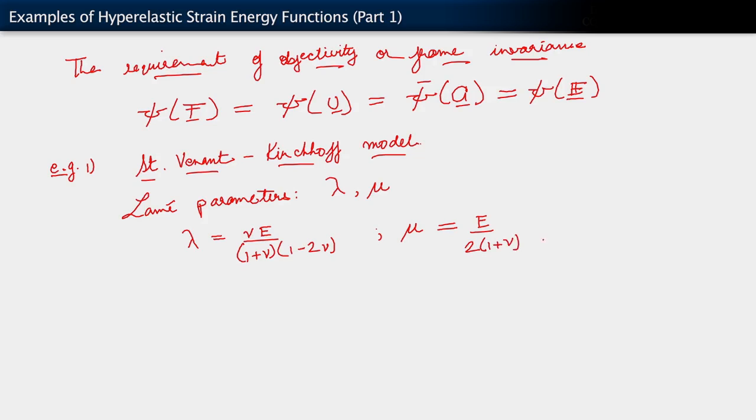Here E is the Young's modulus, and nu is the Poisson ratio.